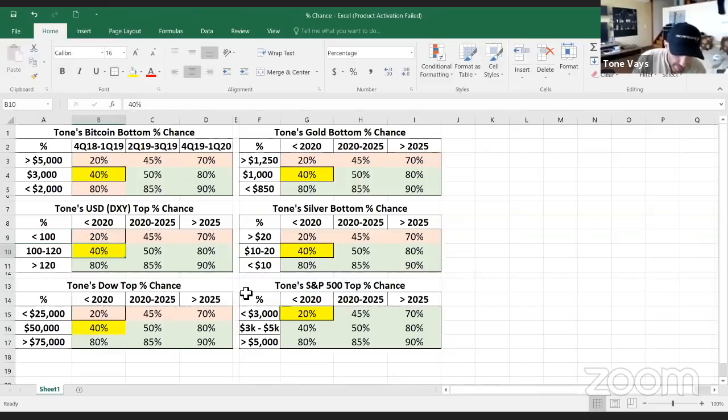So now we're here. The US dollar might have topped, but that's 40% again. It's the same zone, 40% chance that it's going to top. But because of the way it's acting, let's just say these are the probabilities. But these things take, in the case of Bitcoin, months. In the case of the dollar, this takes years. Same thing in the case of the S&P and the market.